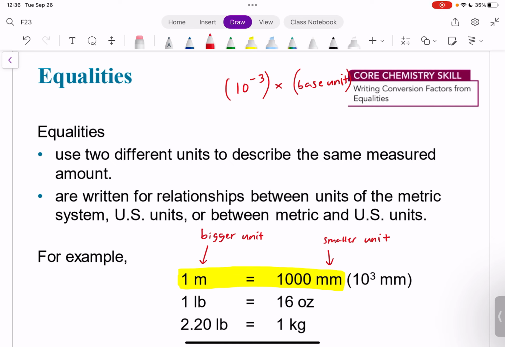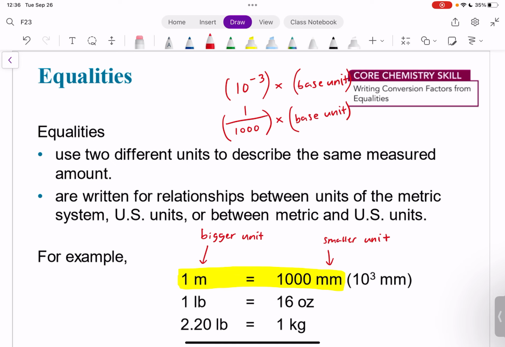We can also think of this as multiplying our base unit by 1 over 1,000, because millimeters are 1/1000th of a meter. Another way to think about it is that because millimeters are smaller than meters, if we have 1 meter, we'd expect there to be 1,000 of that small unit, 1,000 millimeters, in one of our bigger unit, in 1 meter.